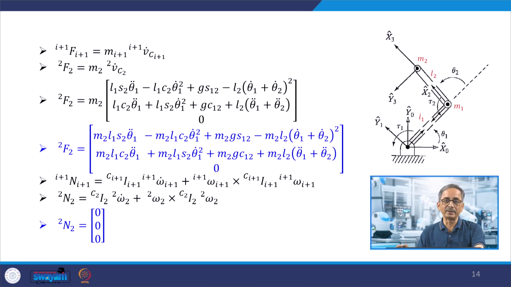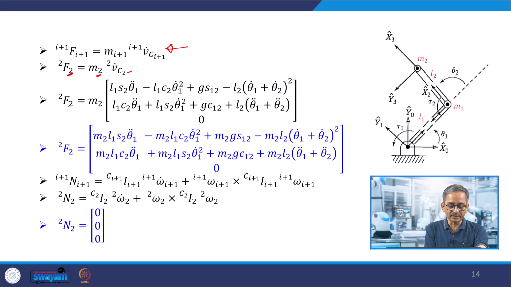Now, once we have the linear and angular acceleration, I can write the Newton equation for the inertial force, and the Euler equation for the inertial moment. This is the equation which we have already seen for the inertial force calculation in a recursive way. If I put i is equal to 1, this F2 is M2 times Vc2 derivative over here, all expressed in terms of the second frame.